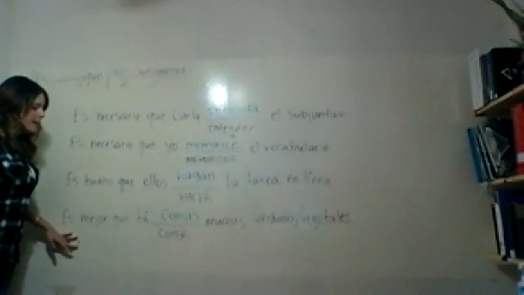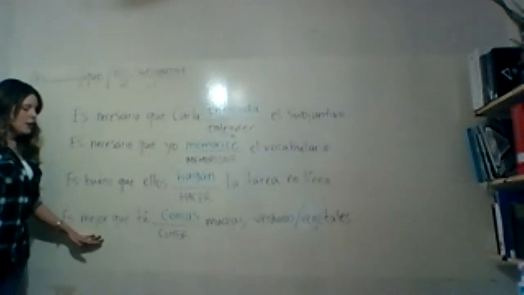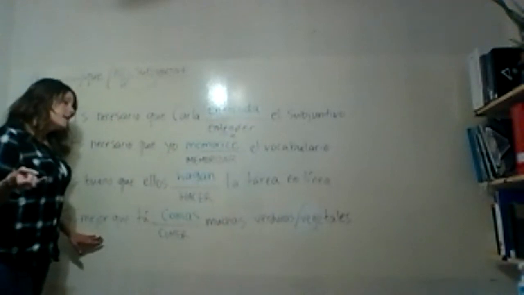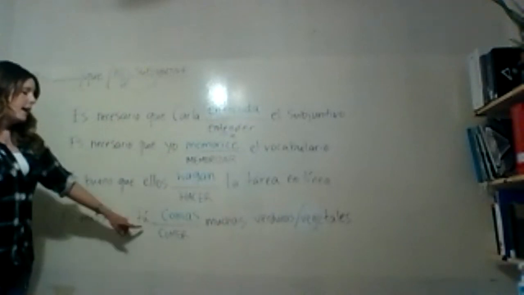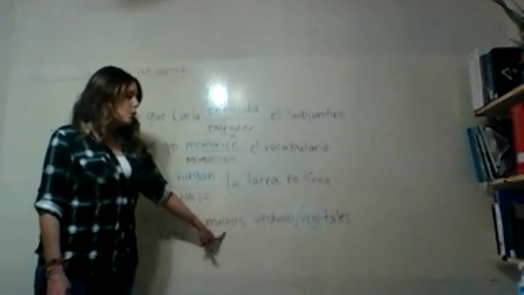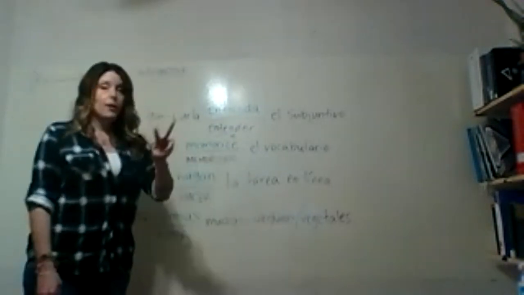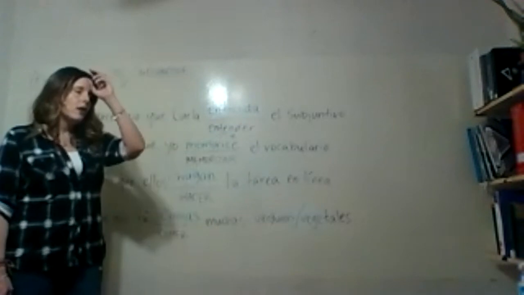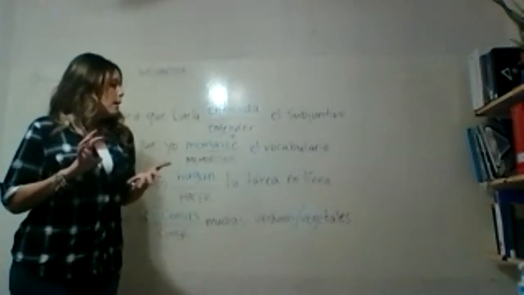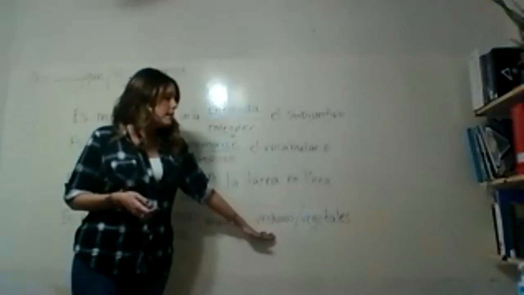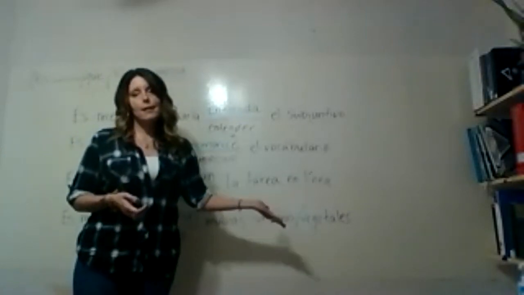And last but not least, es mejor usually will mean either it's better or it's best that you eat muchas verduras or muchos vegetales. There are two different ways there, and other ways depending on dialectical terminology in other countries. But verduras and vegetales are two ways to say vegetables.